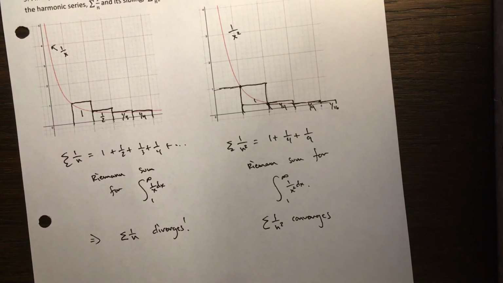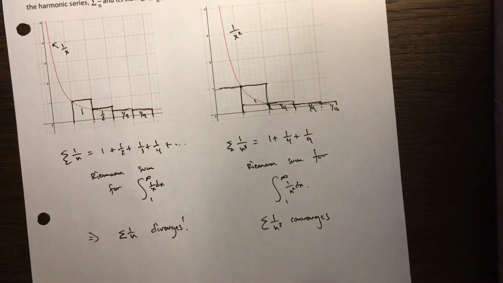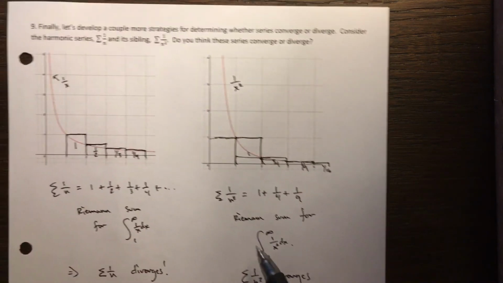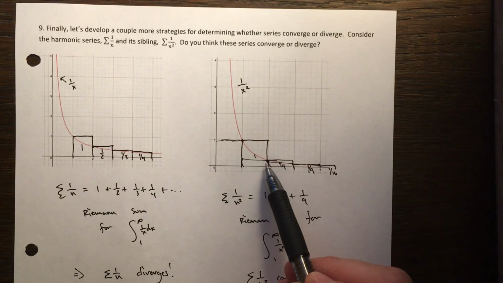But if the integral from 1 to infinity of f of x dx diverges, then the sum from n equals 1 to infinity of a sub n also diverges.